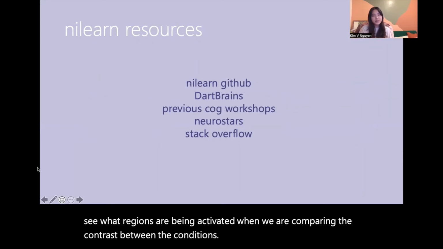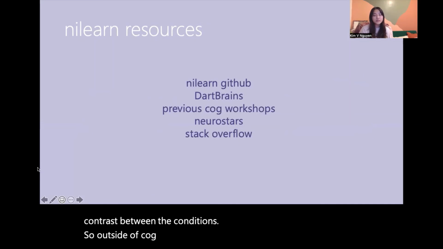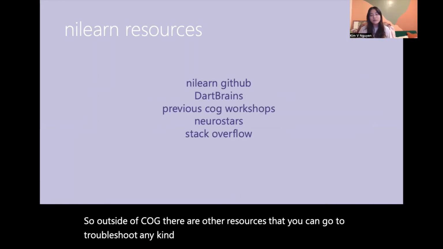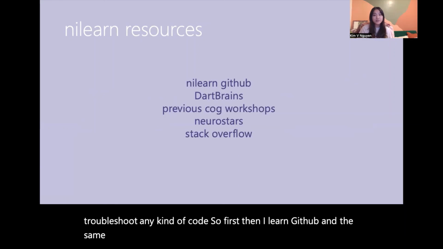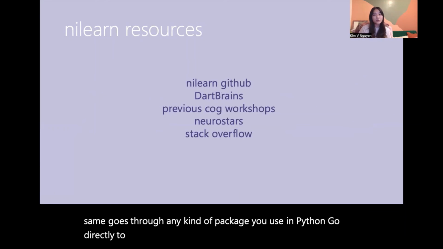Outside of COG, there are other resources that you can go to troubleshoot any kind of code. First, the NiLearn GitHub, and the same goes for any kind of package you use in Python. Go directly to the source if you're unsure what the code or the function does.